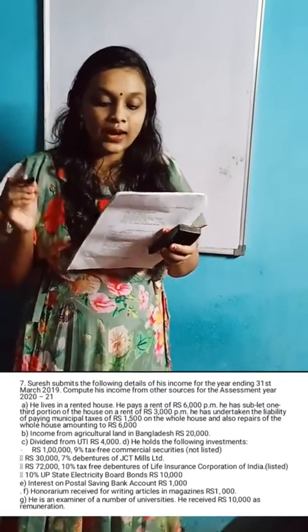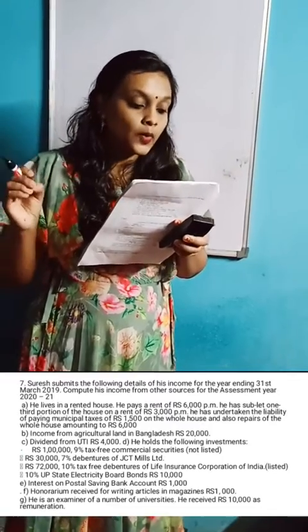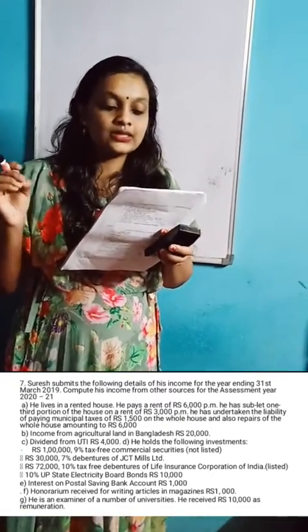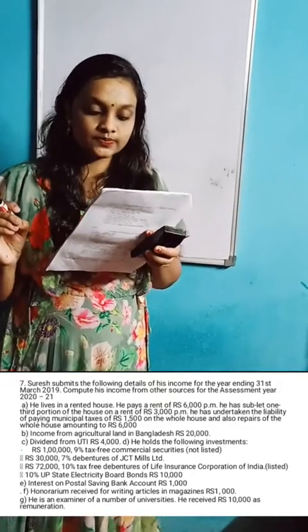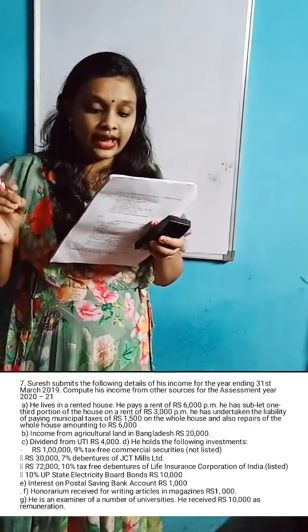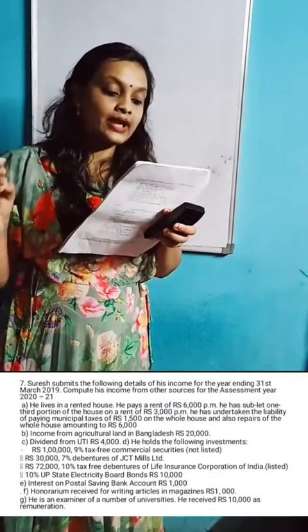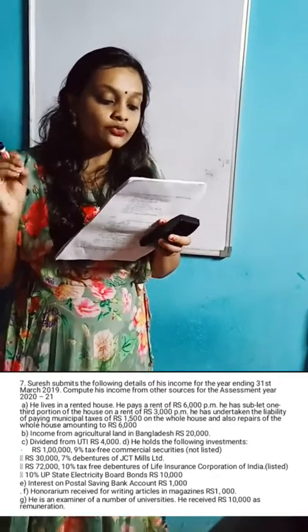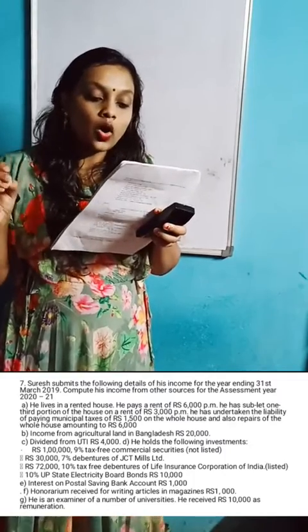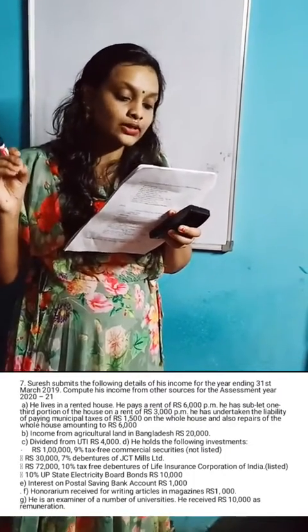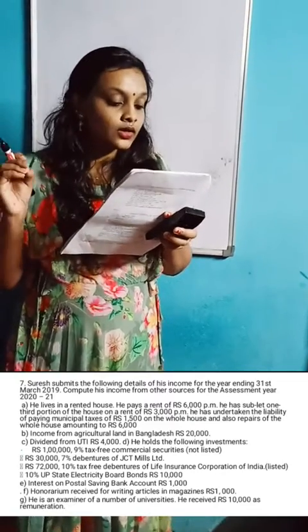He has sublet 1/3 portion of his house on a rent of rupees 3,000 per month. He has taken the liability of paying municipal tax of rupees 1,500 on the whole house, and also repairs for the whole house amounting to rupees 600.